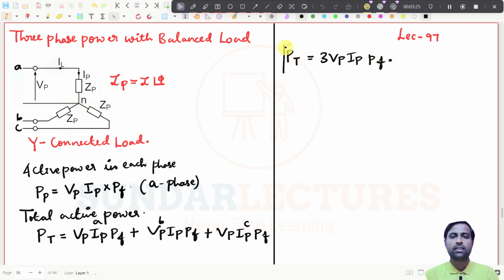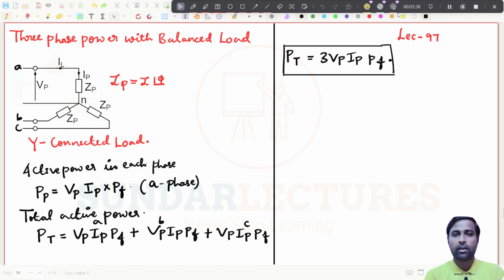So this is the formula for the power in a star connected balanced load. Also we know that in star connection, VL is equal to root 3 times V phase in magnitude, and IL is equal to I phase. Both currents are the same in a star connected system.